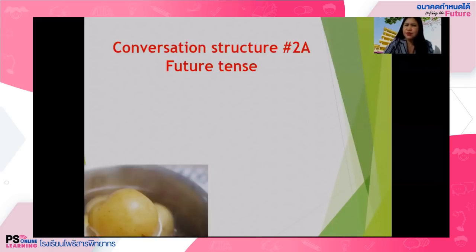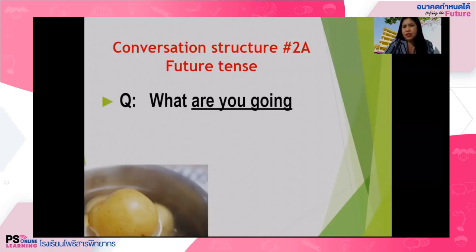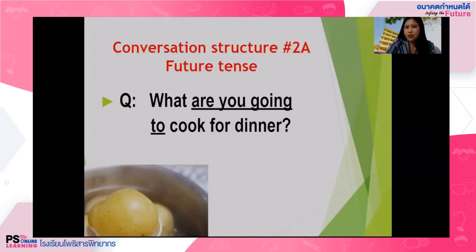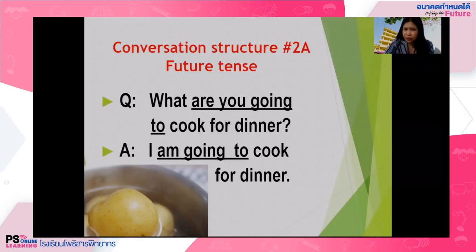Okay, very good. Next one, practice. What is the question? The question is, what are you going to cook for dinner or for breakfast or for lunch? How are you going to answer? Very good. I am going to cook, what is that? Potato. I am going to cook boiled potato for dinner.